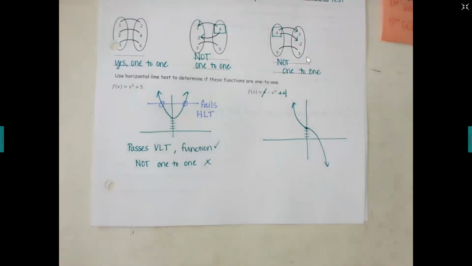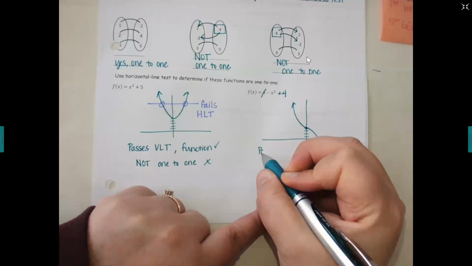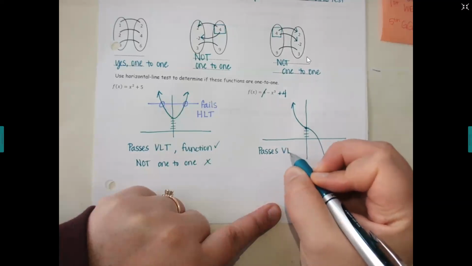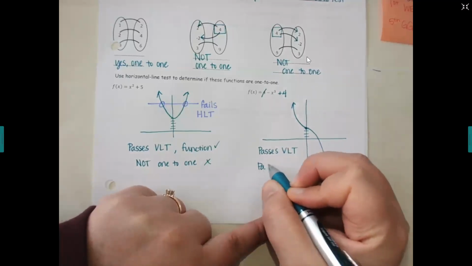Okay, question, will it pass the vertical line test? Okay, I draw in my vertical lines, will they ever hit it twice? Then it passes. What about horizontally? If I slice it this way, am I ever gonna hit twice? No. So then I would put it passes the VLT. It passes the HLT.